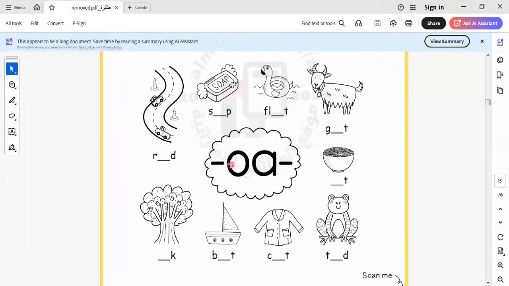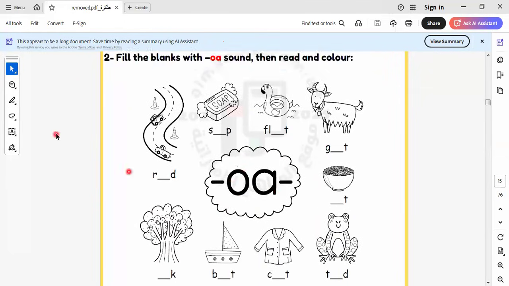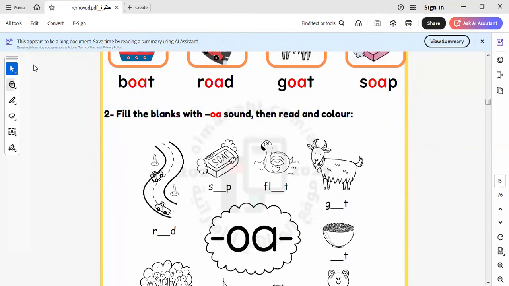Here are the missing letters. I will leave it for you to do by yourself. I answer two of them, and I will leave the rest for you as well. Here we have soup. We have fruit. Here is fruit.